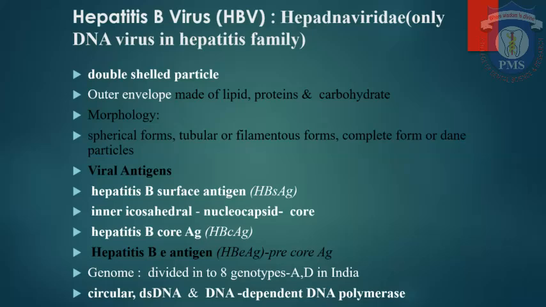Also, this virus has an inner icosahedral nucleocapsid core, and the genome. This genome is divided into 8 genotypes like A, B, C, D, and in that A and D are more prevalent in India. And the genome is a circular double-stranded DNA and has a DNA-dependent DNA polymerase.